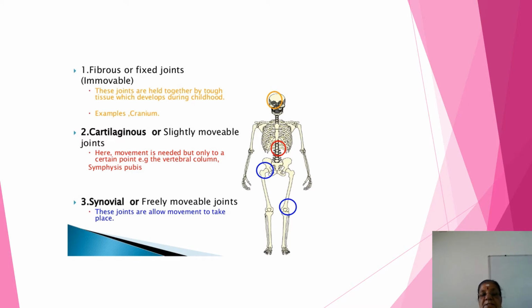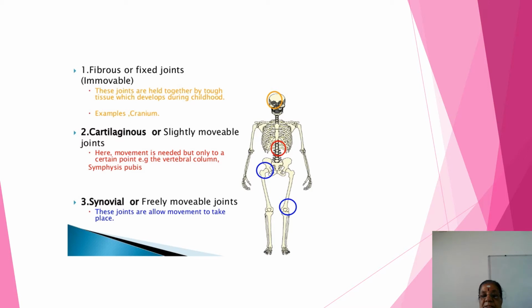And then the synovial joint or freely movable joint. These joints allow movement to take place. The hip joint and knee joint are synovial joints. When we move our hip and walk, that is a synovial joint. In the same way, when we bend the knee, that is a synovial joint.